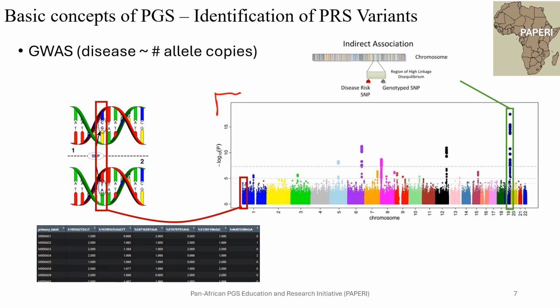And the variants that pass this threshold that is predetermined, that we set beforehand, this genome-wide significance threshold here, which is indicated by this dotted line, are what we consider to be significantly associated with the outcome of interest.